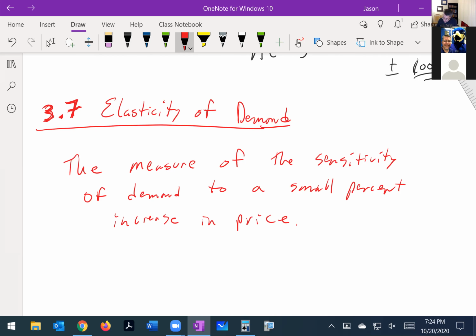That's called elasticity of demand. It's basically how sensitive demand is to changes in price, right?